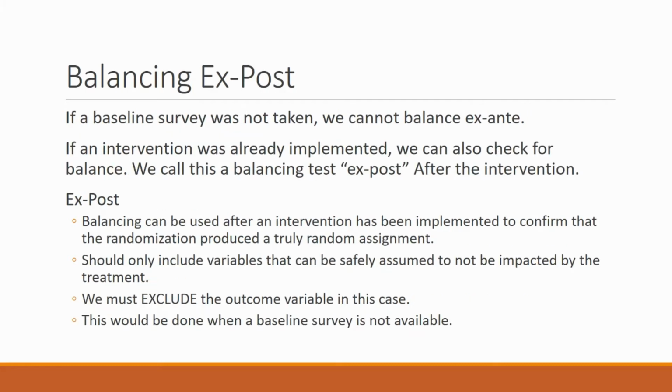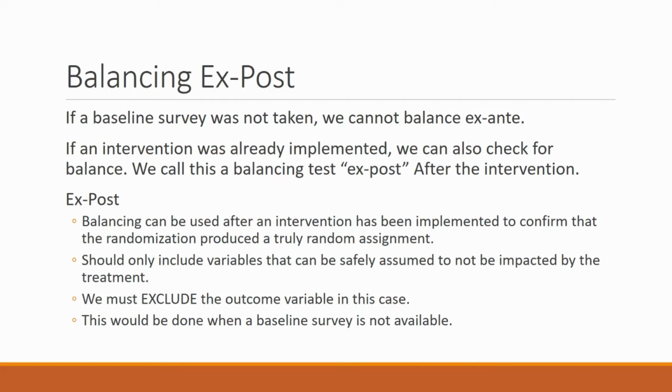All right, if we're doing the balancing test ex post, that means after the intervention has been put into place, then we need to do the balancing test differently. We're doing the balancing test to be sure that when the intervention was implemented, it was truly random.